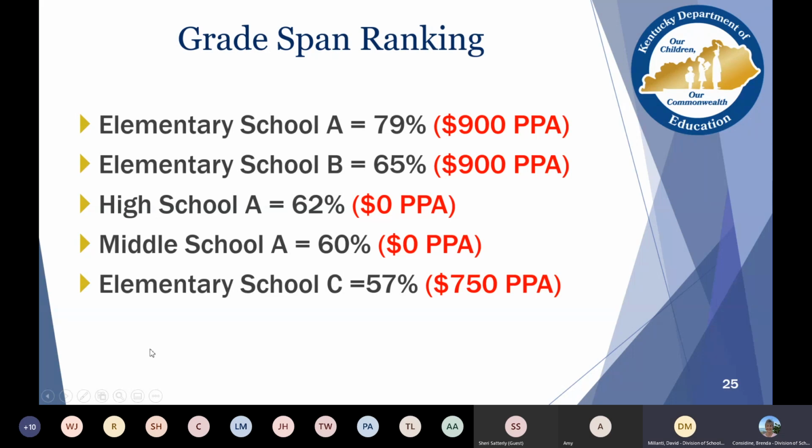Yeah, and this sets out one scenario where a district might apply grade span grouping. It could be possible that they wanted to serve all their schools and use grade span grouping for some reason. In this case, the reason might be that the elementary school falls at the bottom of the ranking, and they may not be able to get to that elementary school if they go straight down the poverty line because they run out of dollars. But it is possible that they could reduce those elementary school PPAs and be able to serve the high school and middle school.